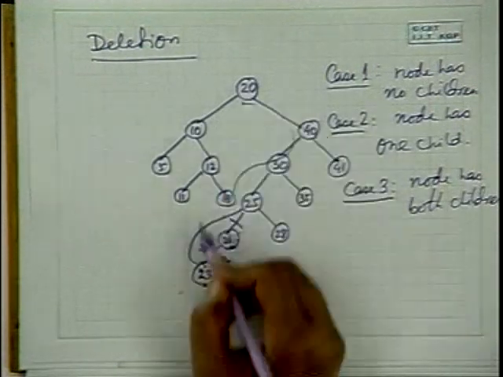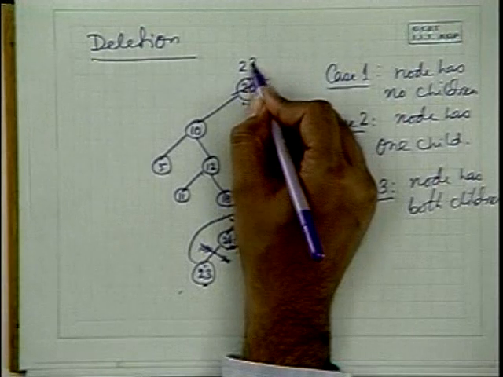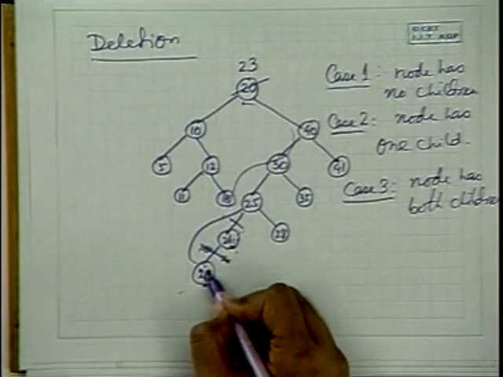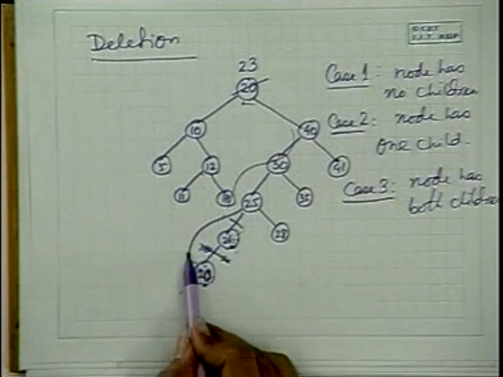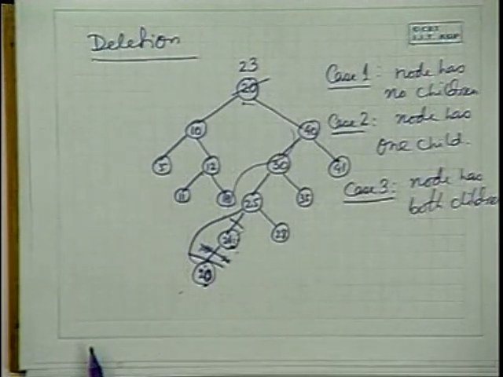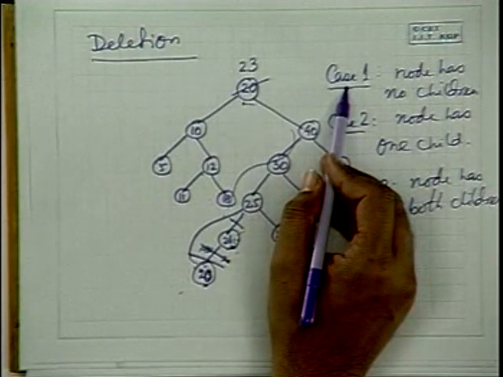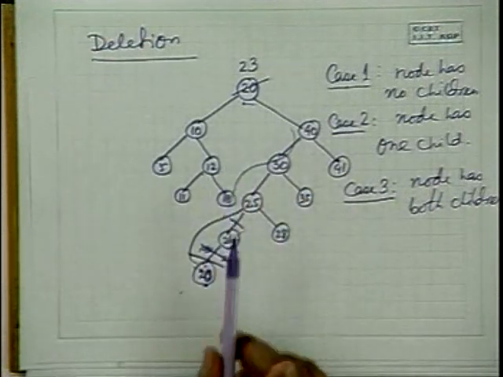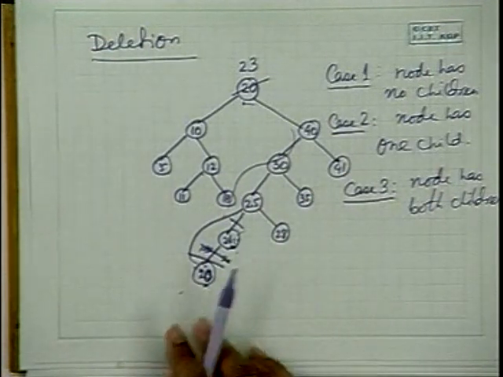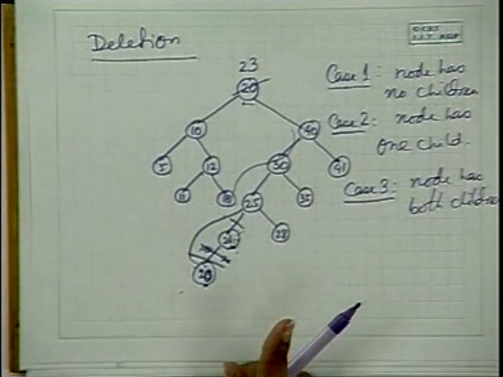Exchange this 23 with 20. So 20 just gets deleted and 23 comes here, and 20 you can bring it here. Just exchange. Okay. Now we are going to delete this one. So this is the case 1 actually now. You are guaranteed that if you take a successor of a node, that node must be having no children or one child.